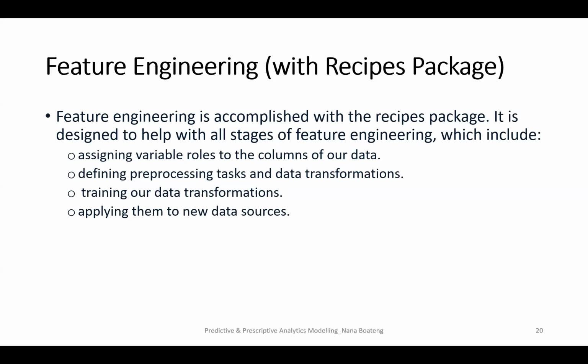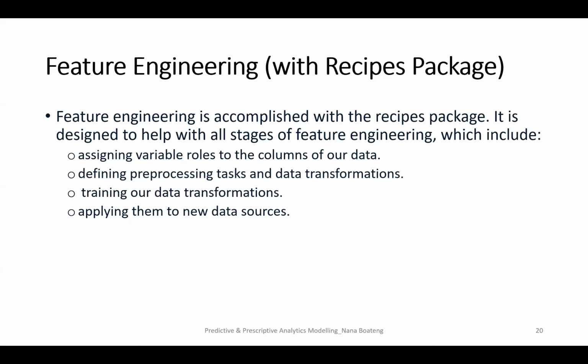It also defines pre-processing steps and the data transformations that we need to do. We'll look at various types of data transformation. And then when it has finished, it applies whatever transformation it has done to our training data and also to our test data.